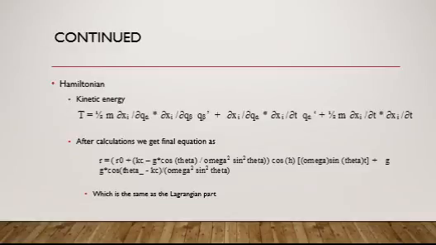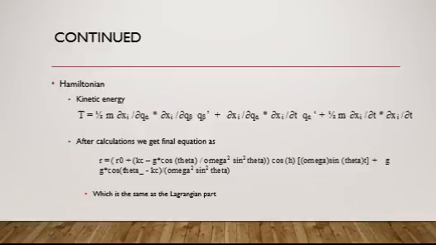If equations of transformation contain time explicitly, then the kinetic energy is T is equal to half m dou xi by dou q alpha into dou xi by dou q beta q dot alpha q dot beta, plus m dou xi by dou q alpha into dou xi by dou t q dot alpha, plus half m dou xi by dou t into dou xi by dou t.